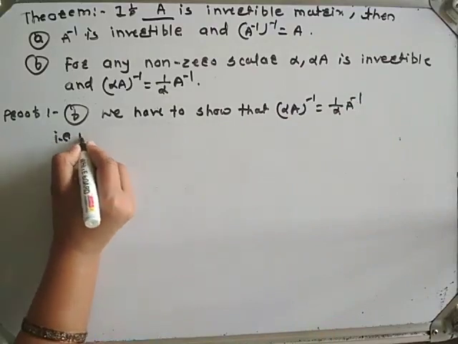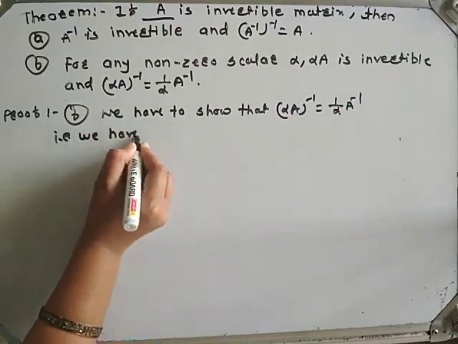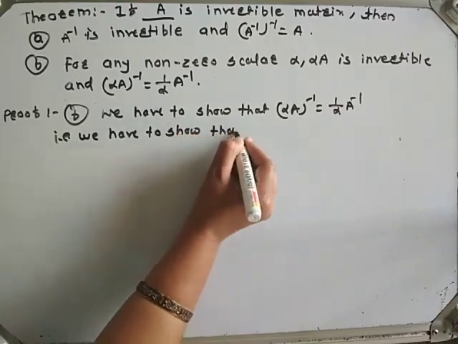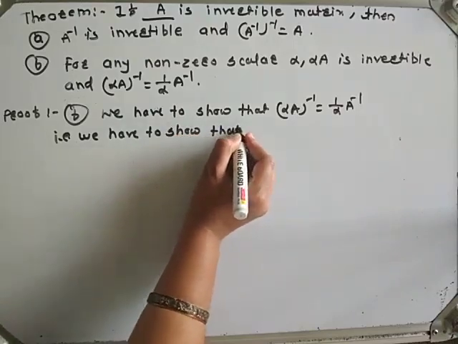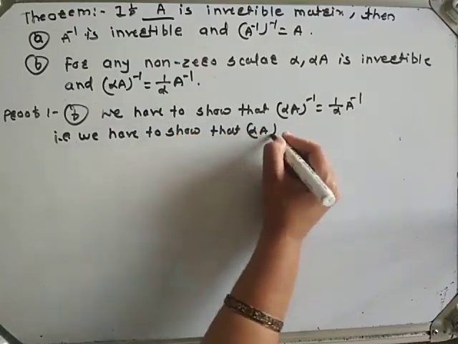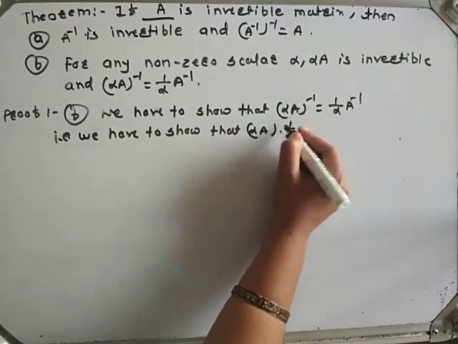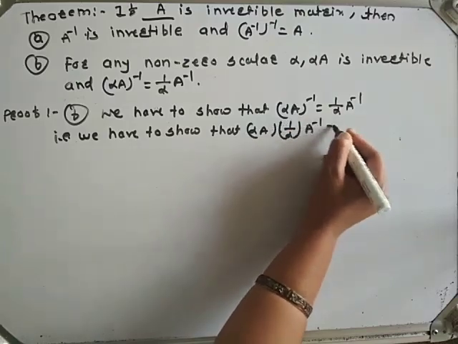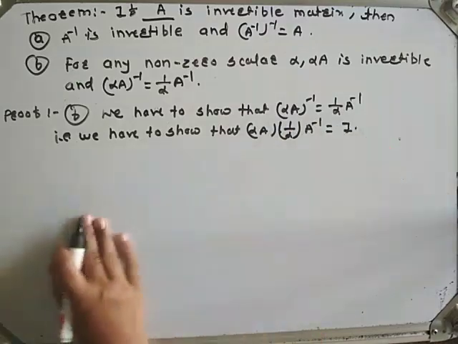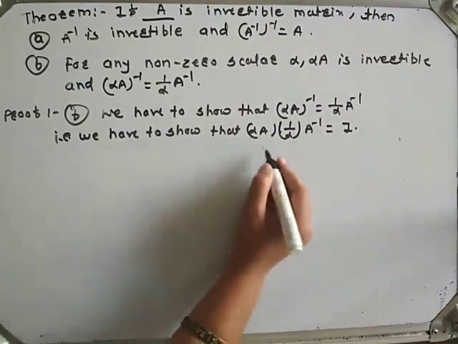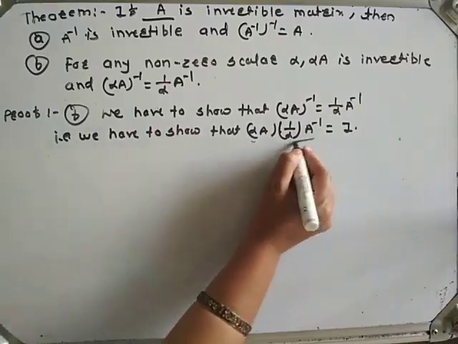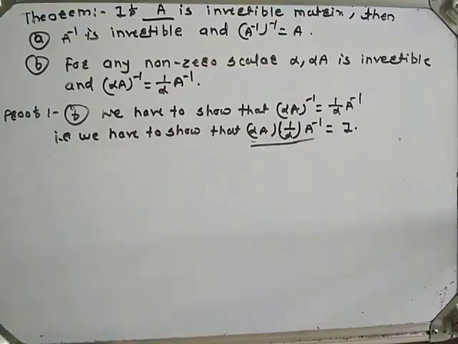That is, we have to show that alpha into A into 1 by alpha into A inverse is equal to identity matrix. Let us take LHS.